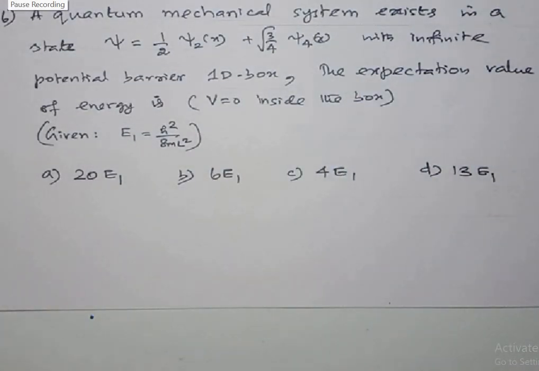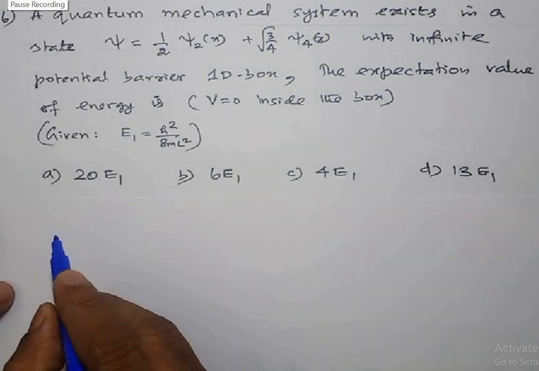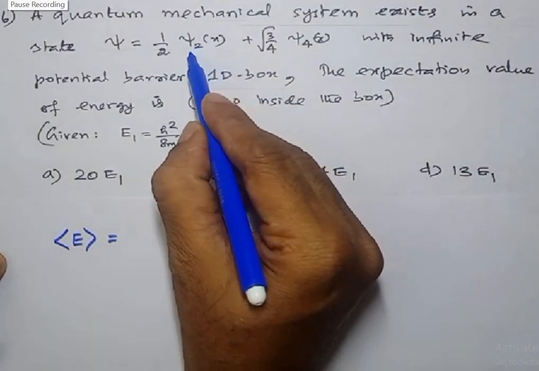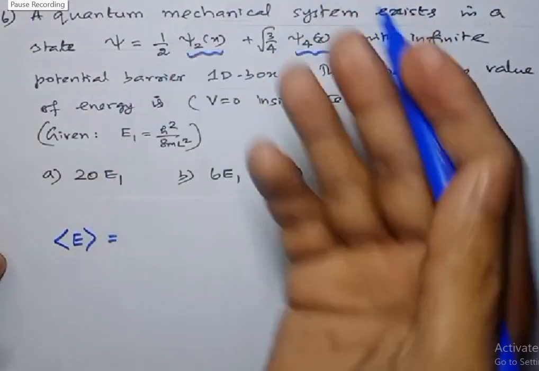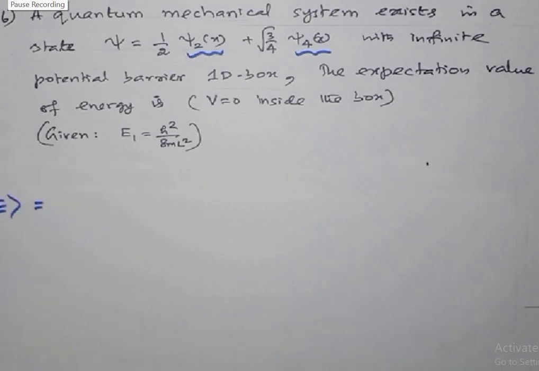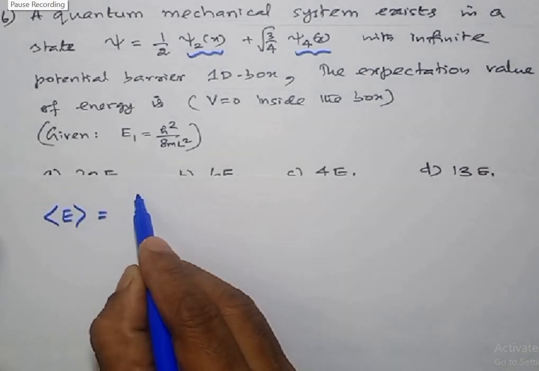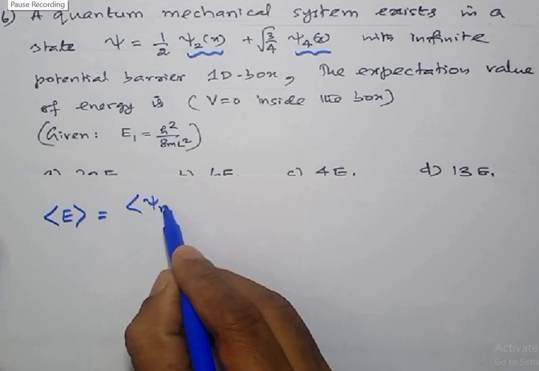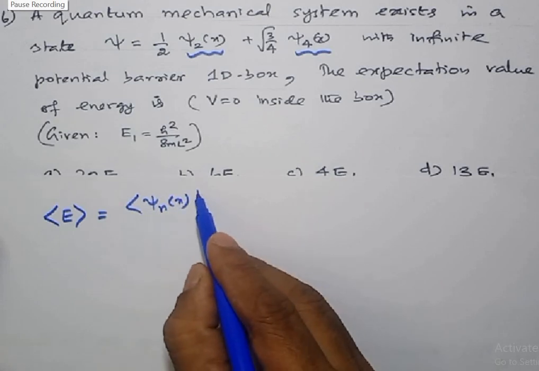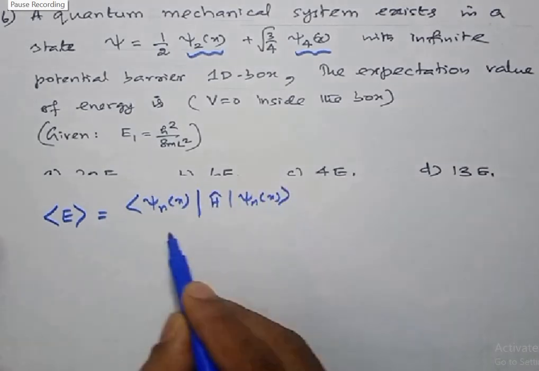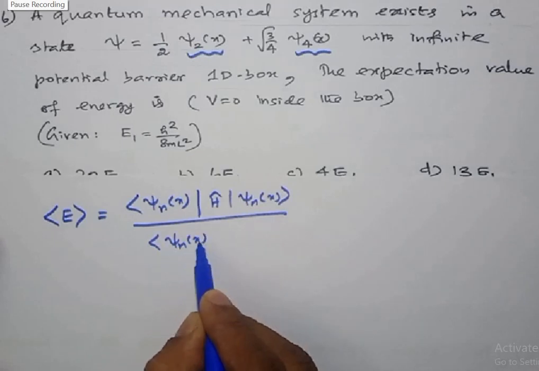Under postulate 4, psi 2 of x and psi 4 of x are normalized eigenfunctions of the Hamiltonian operator in the case of the 1D box. First I'll write the formula: the expectation value of energy is bra of psi, the Hamiltonian operator, ket of psi, divided by bra of psi into ket of psi.